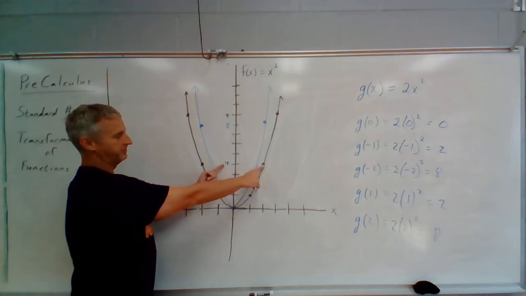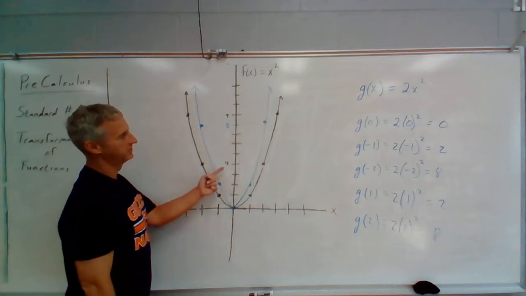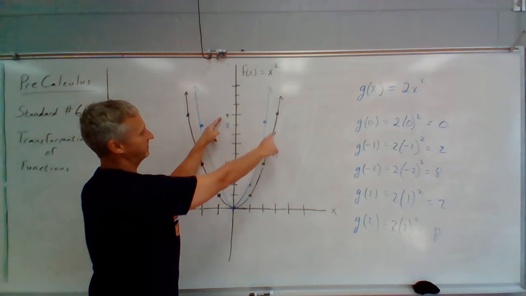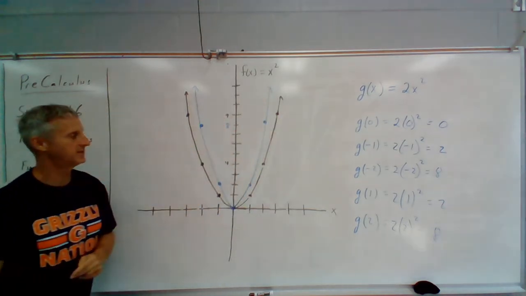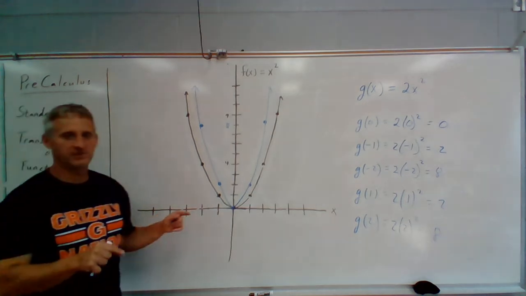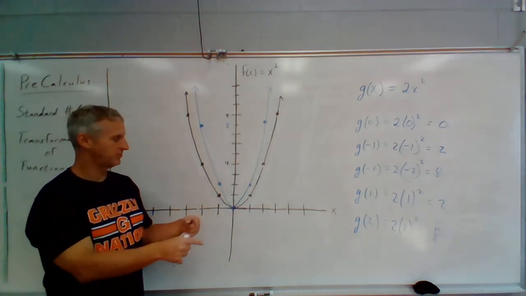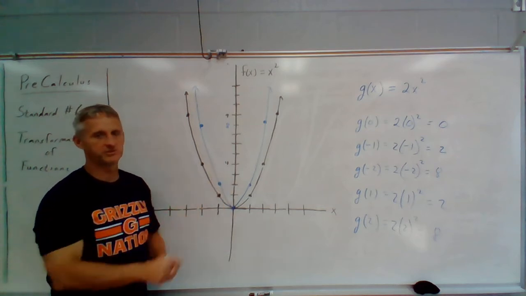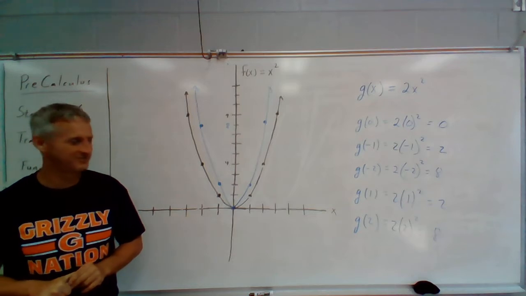The y value of this original point got multiplied by 2. If I could graph it here, the y value of this is 9. If I multiply by 2, I would get 18, so I would have the point (3, 18). So every point on the original graph, the y value gets multiplied by 2, and that gives you the y value of a point on your new graph.